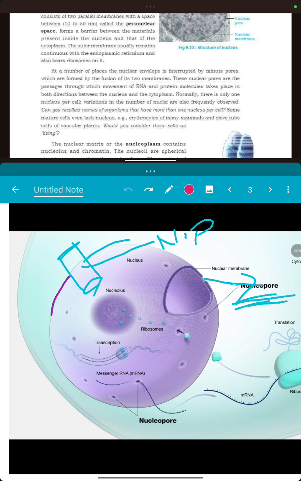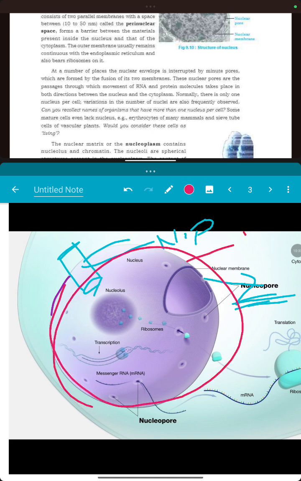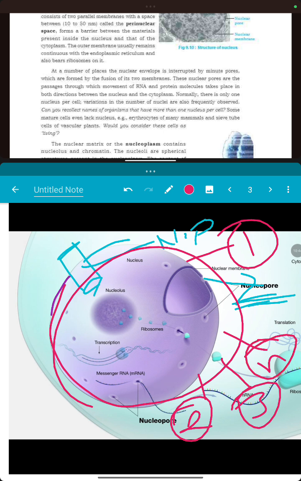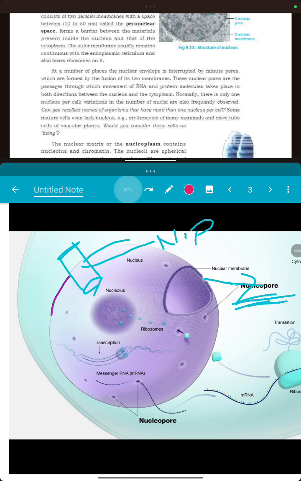Normally there is one nucleus per cell, though variation in the number of nuclei is frequent. So generally the nucleus will be only one per cell. In many cases, two or three or n number of nuclei will be present. This variation in number is frequently observed.